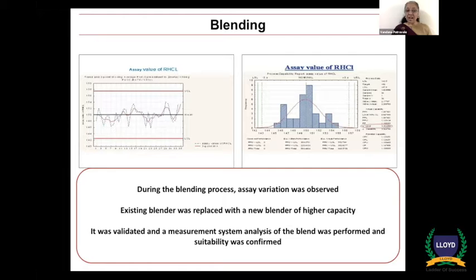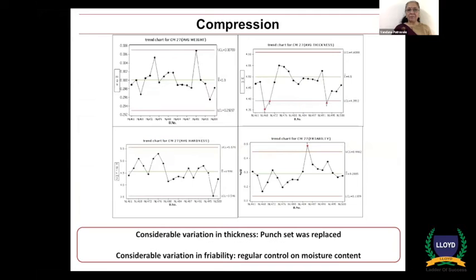That shows how important it is to consider how much load is in the blender. So they replaced the existing blender with a new blender which had higher capacity. Obviously, for uniform mixing to happen, the blade should be able to rotate and mix the contents. And therefore, just by changing the blender and validating that particular system, they could control the assay to quite an extent.